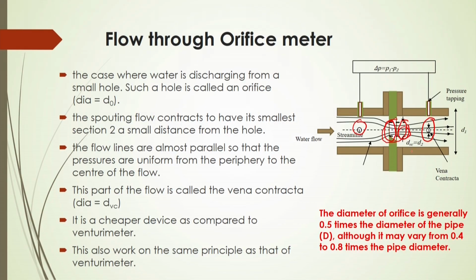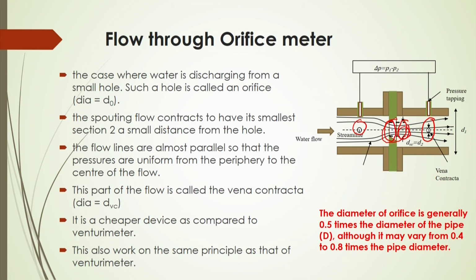The diameter of the vena contracta is represented as DVC here. If you are not considering the vena contracta at a certain distance, that means a small distance from the hole, then section 2 will be almost equal to the vena contracta.